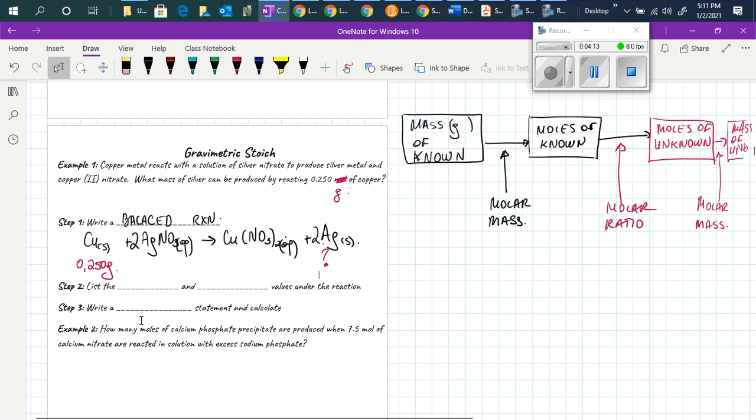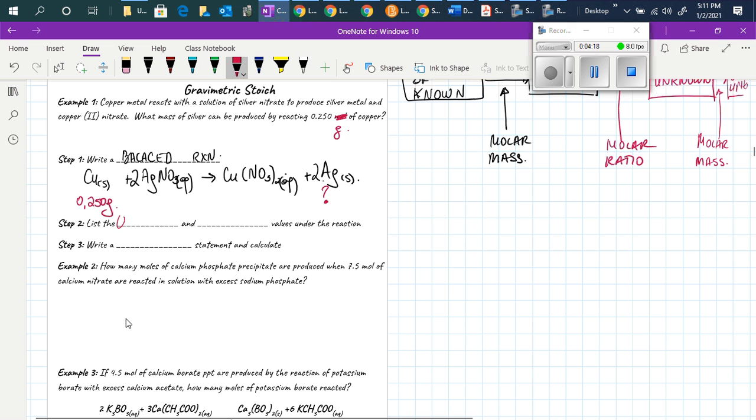List all the unknown and known right below the reaction: write what they're giving and what you're looking for. And then write a Stoich statement.